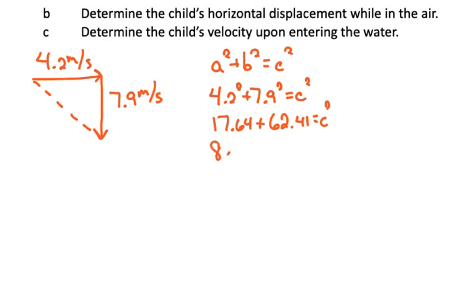Adding those together is 80.05. Taking the square root, going to 2 sig figs, we get 8.9 meters per second.